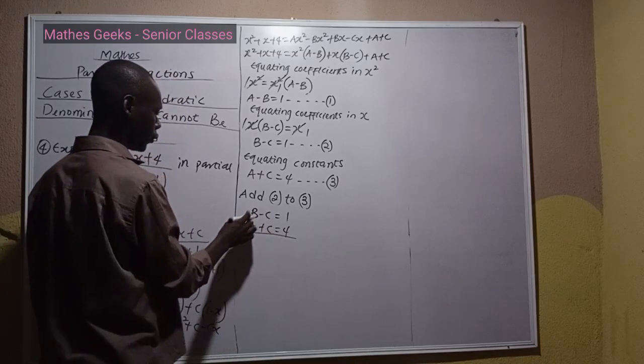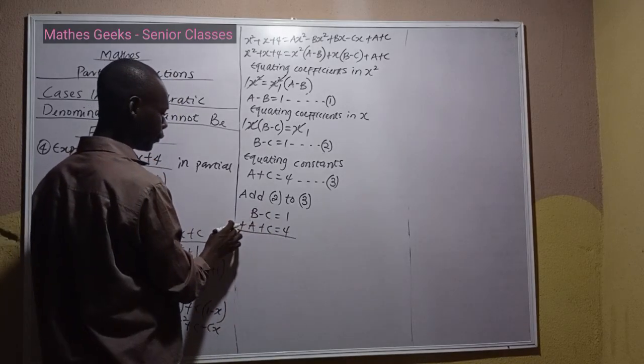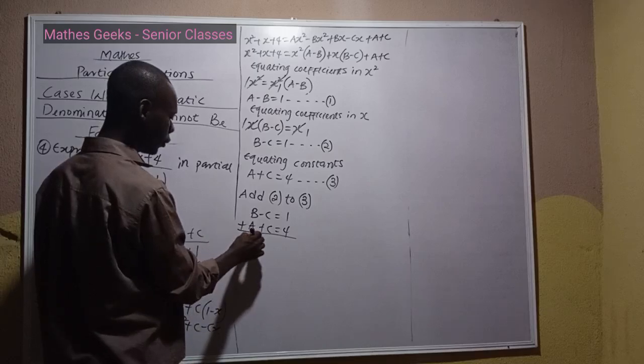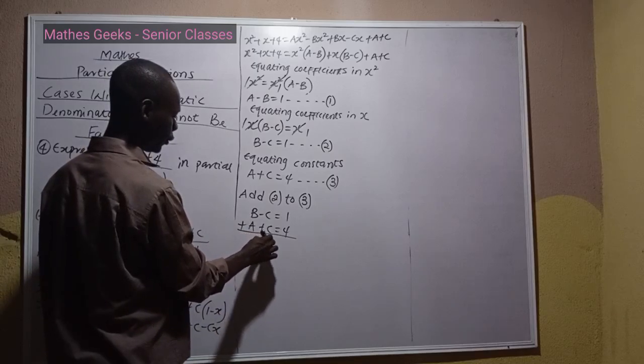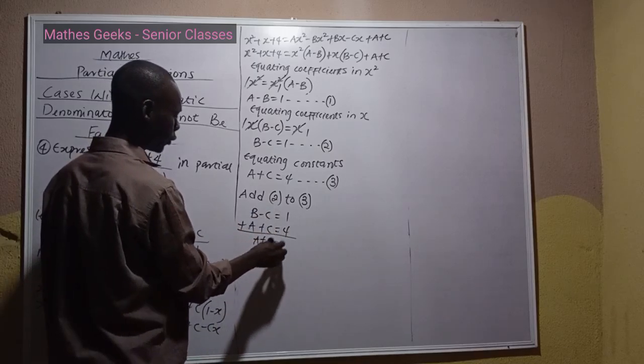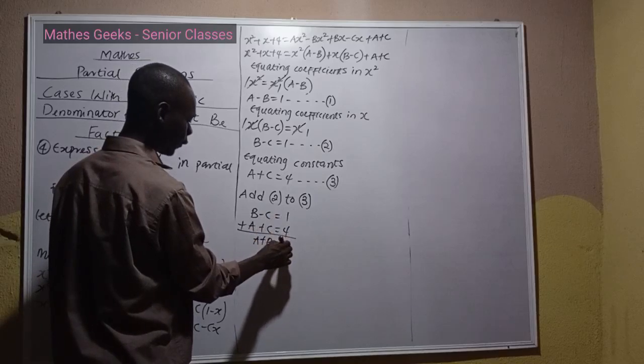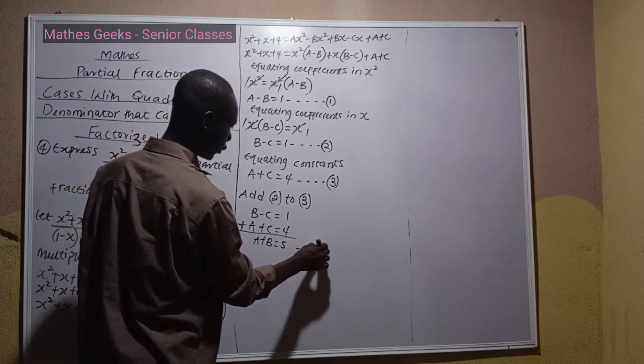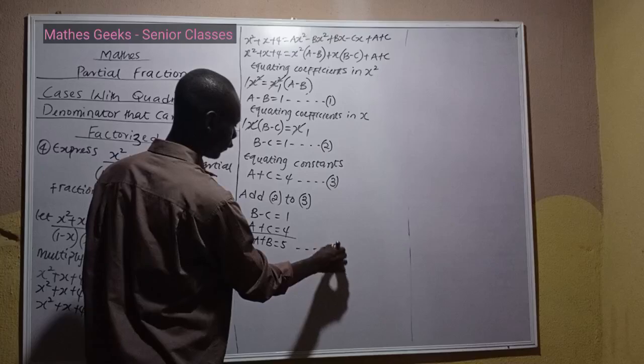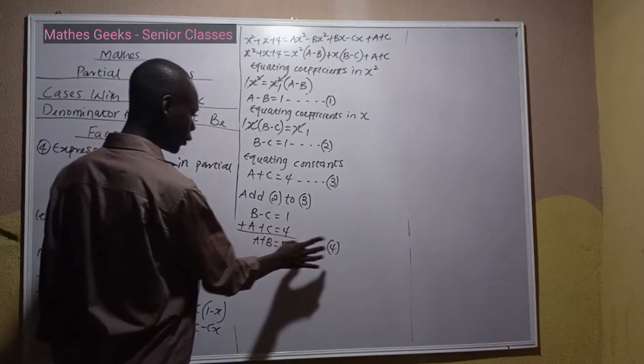So if we add, this will give us a plus b, which equals 5. So this is equation 4.